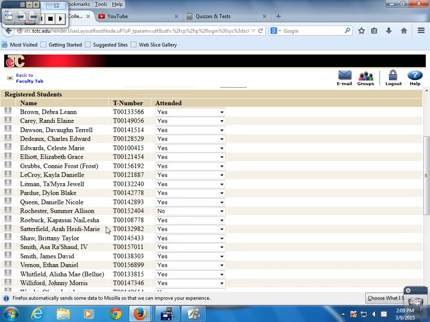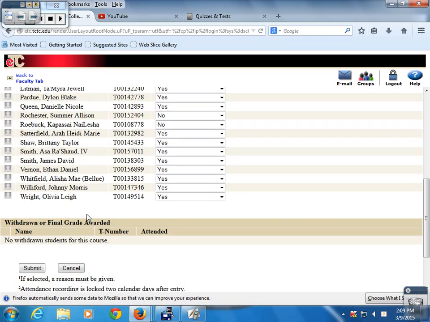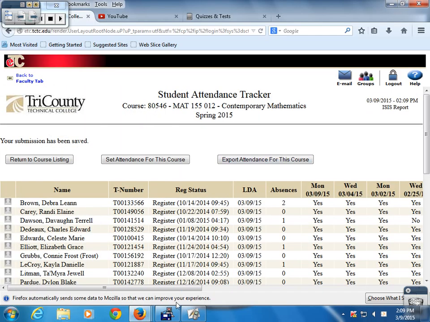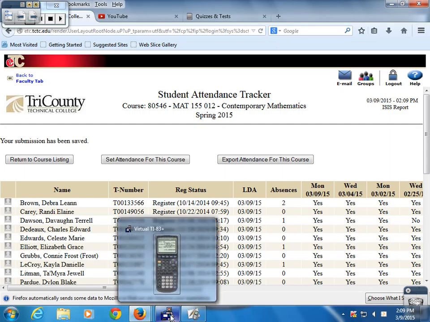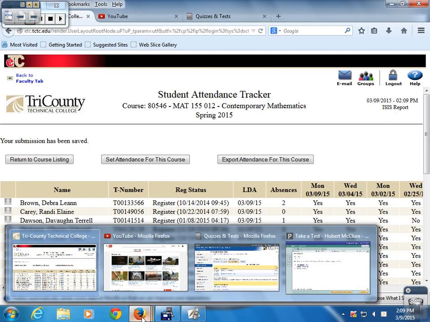Roebuck. No Roebuck. Satterfield. Shaw. Neither Smith is here. Vernon. Whitfield. Williford's here. Wright. Okay, just to acknowledge, hit unfreeze, please.